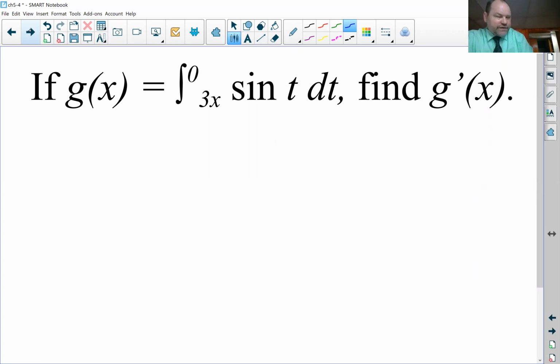All right, so some things that can happen with the fundamental theorem of calculus. Here we have g of x is equal to the integral from 3x to 0 of sine of t dt. Find g prime.